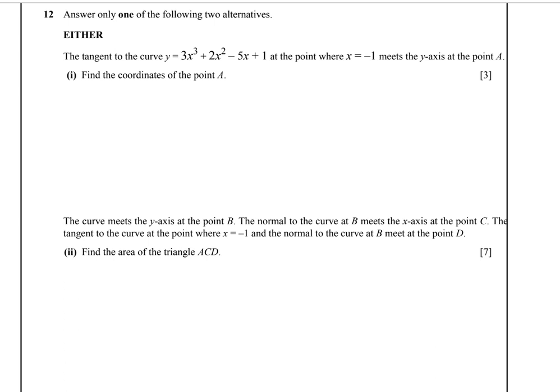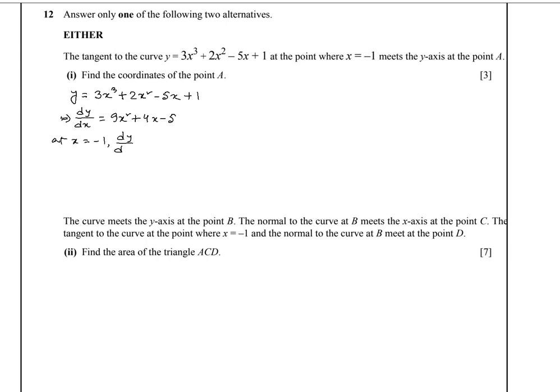So let's start. Let's write y equals 3x cubed plus 2x squared minus 5x plus 1. Now let's differentiate this y with respect to x. We get dy over dx equals 9x squared plus 4x minus 5. Now if we substitute x equals minus 1 in dy over dx, it will give us the gradient of the tangent drawn at x equals minus 1.